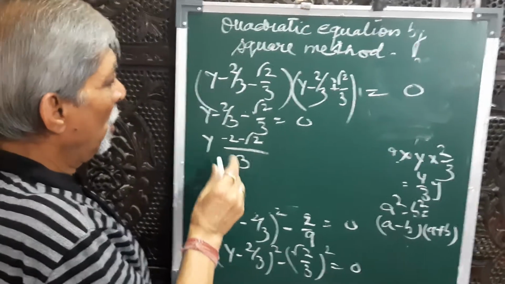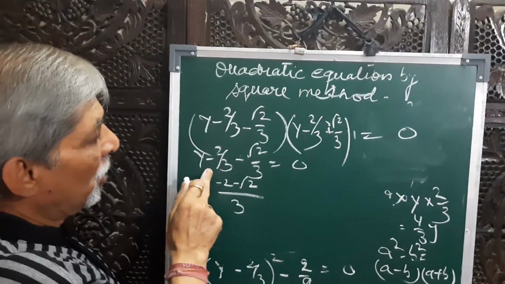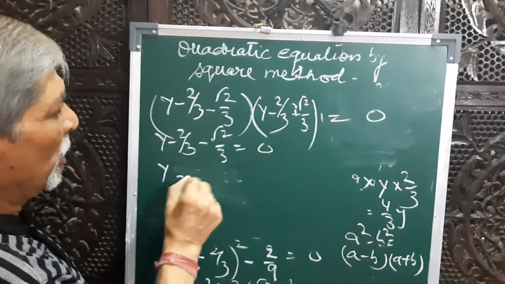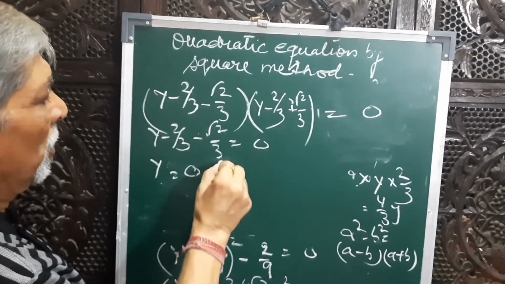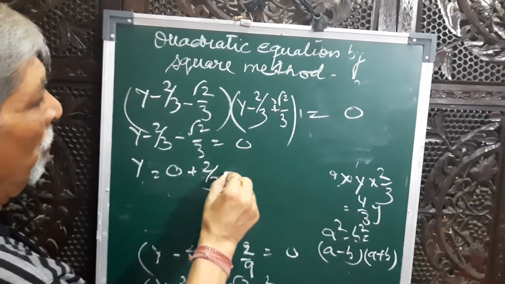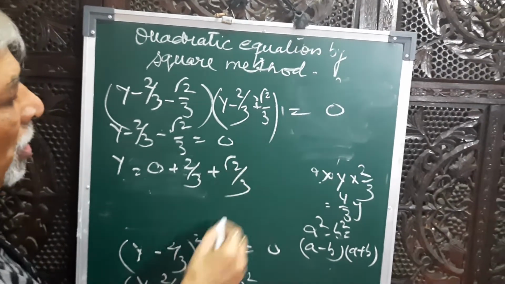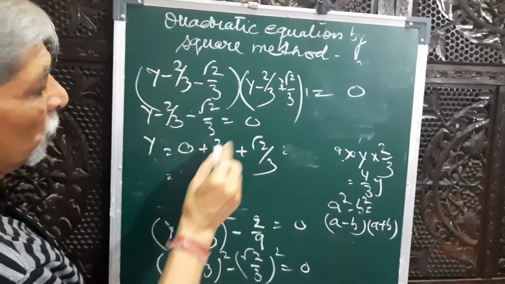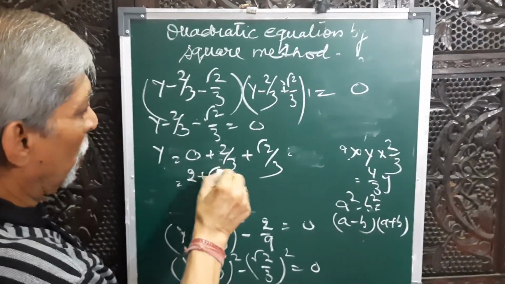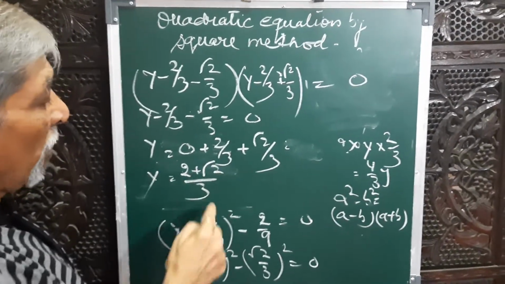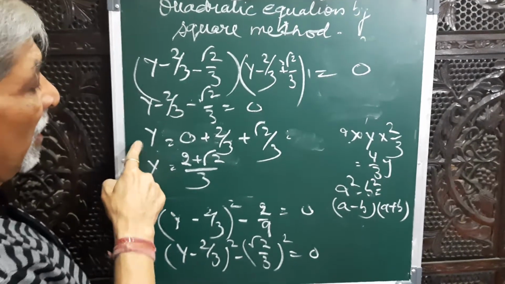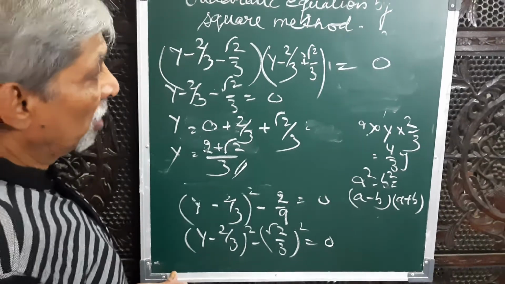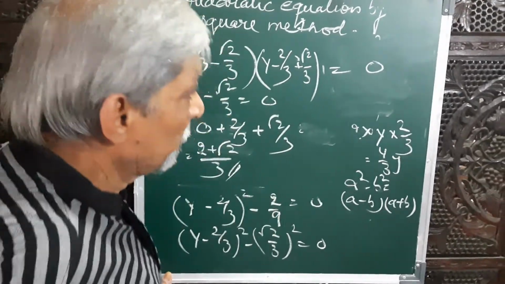Take these two to that side, which will be a little better for you. Y is equal to 0 plus 2 upon 3 plus root 2 upon 3, that is 2 plus root 2 upon 3. So one value of y is 2 plus root 2 upon 3. This is one root.